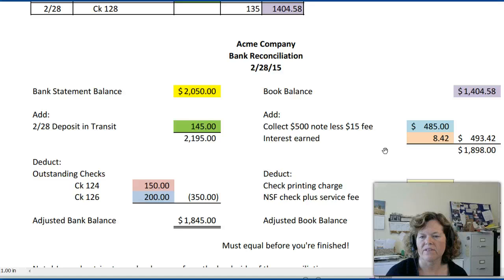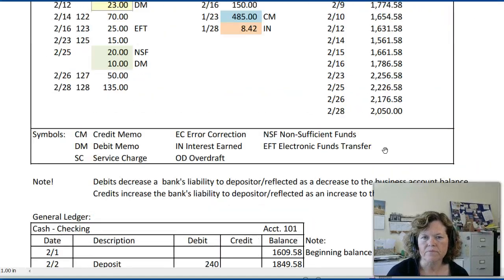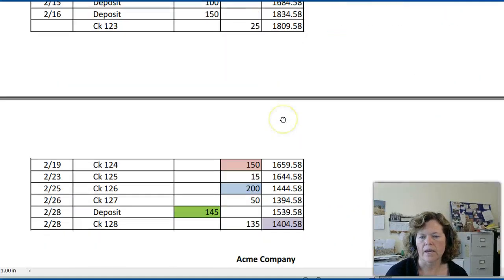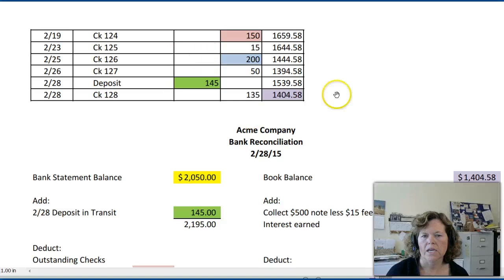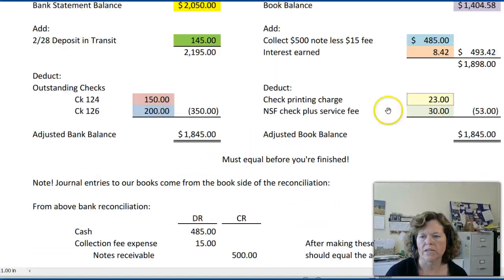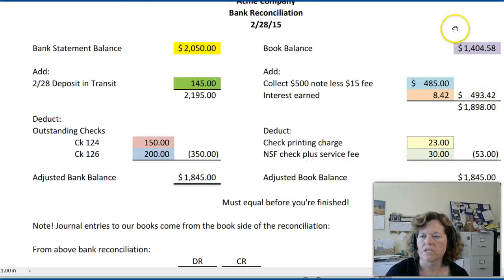We then also have this NSF check plus the service fee. Here, 20 is the NSF, $10 the service fee. It was on the bank statement, it's not on our books, so we need to account for that also. Once we take the 1404.58 plus the 493.42 minus the 53, we end up at 1845.